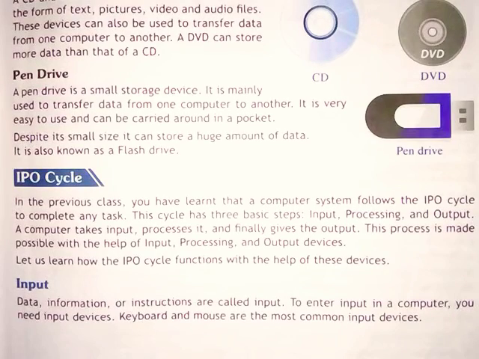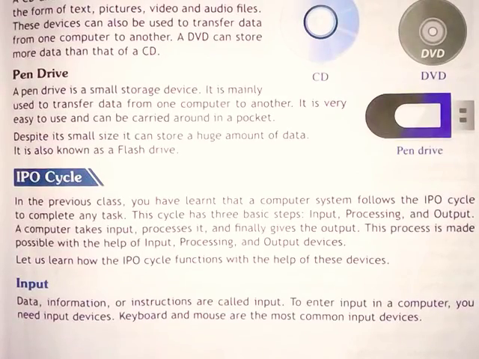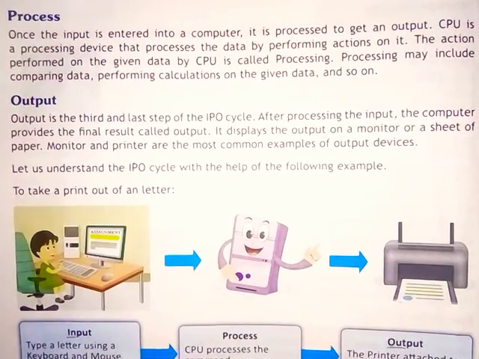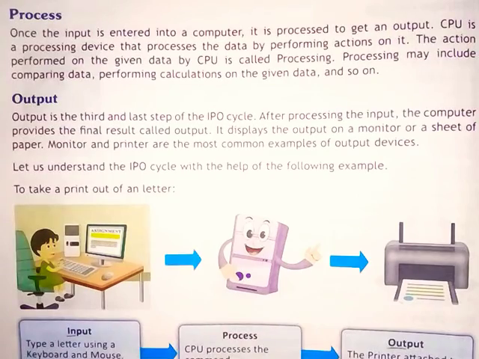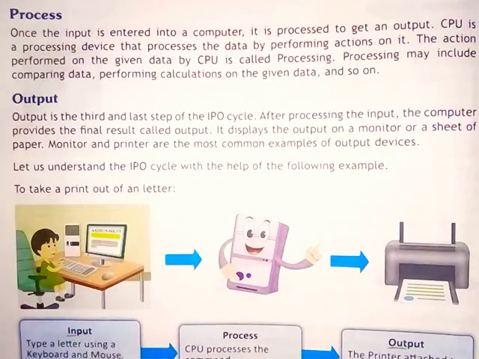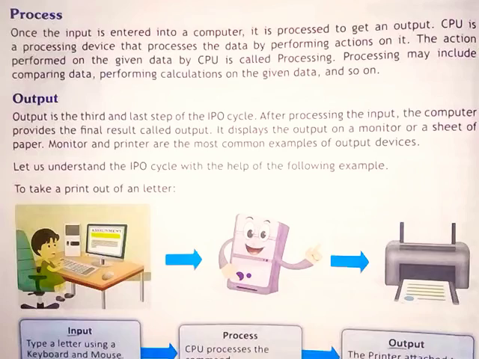Input. Data, information or instructions are called input. To enter input in a computer, you need input devices. Keyboard and mouse are the most common input devices. Process. Once the input is entered into a computer, it is processed to get an output.